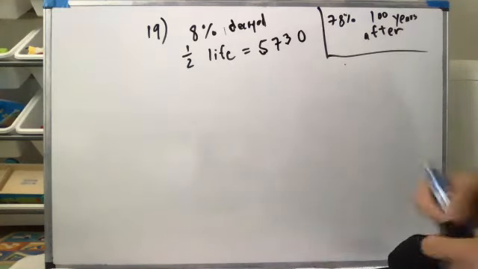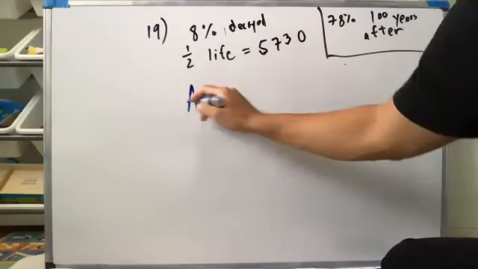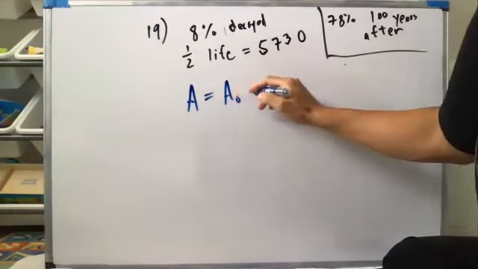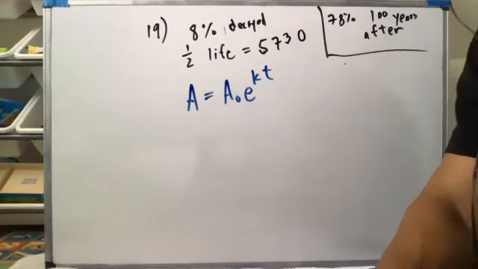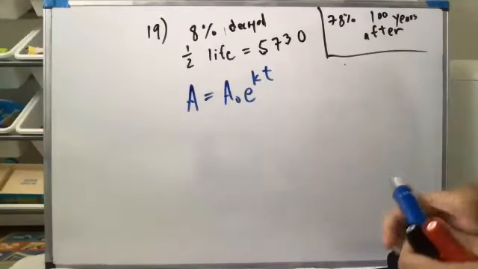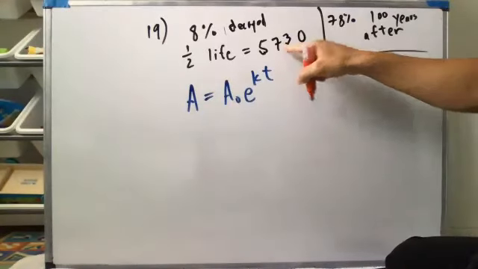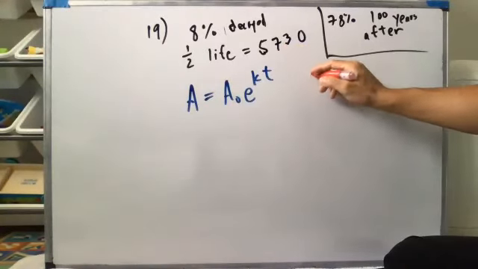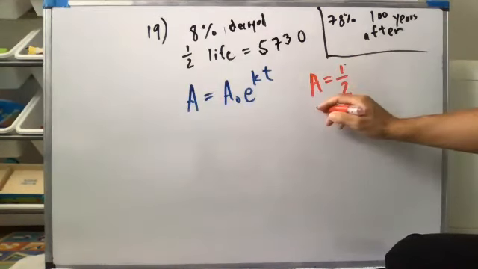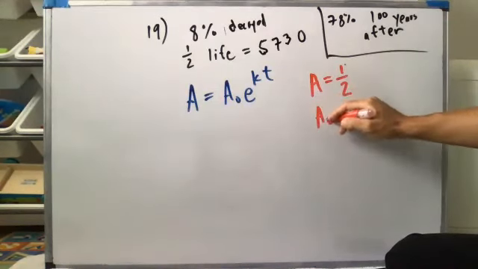Let's write it out. So the equation is A equals A naught e to the kt. If we think of t as the amount of time for half-life, then A is equal to 1/2 of what you started with, and A naught is one whole.